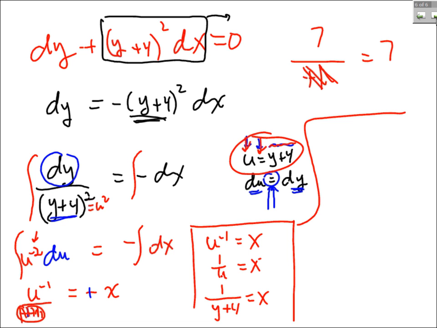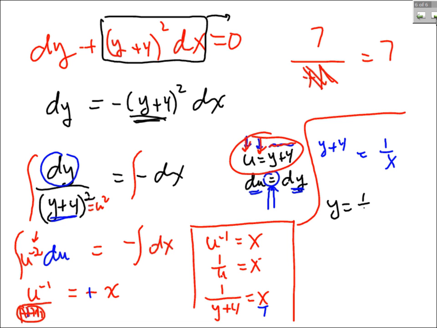Now that's acceptable, but it'd be nicer if I can say what y equals. Just remember that this x is over 1. I take the reciprocal of both sides, and I get this. And remember that dividing by 1 doesn't do anything. Just bring the 4 over now.